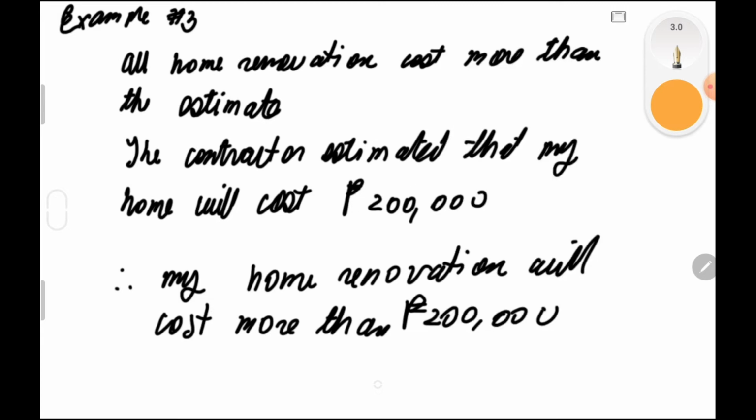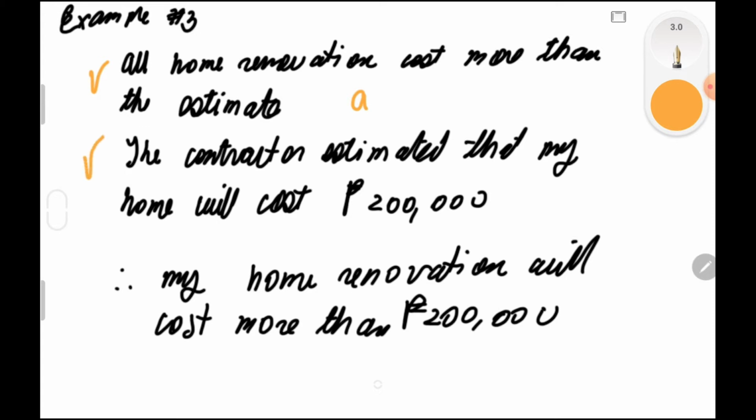Okay? So as you can see, the first statement is an assumed fact wherein all home renovations cost more than the estimate. So here, the home renovation is described by the estimate, okay? And the contractor estimated that my home will cost 200,000 pesos.